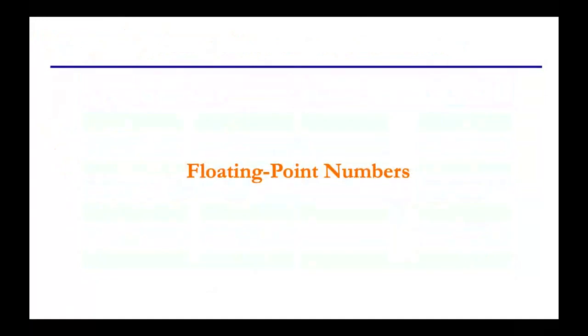So now let us see the floating point numbers. What are these floating point numbers? The floating point representations of decimal numbers are essential to scientific computation using scientific notations.